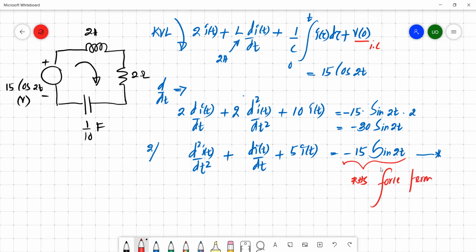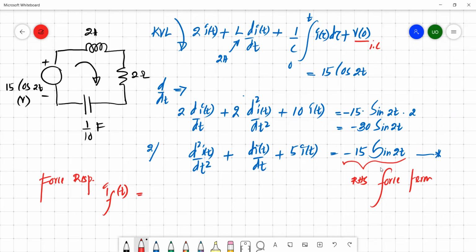So if you want to find the force response, how do you get it? You can come up with a trial force response i_F(t) which is aligned with the pattern of this right hand side.